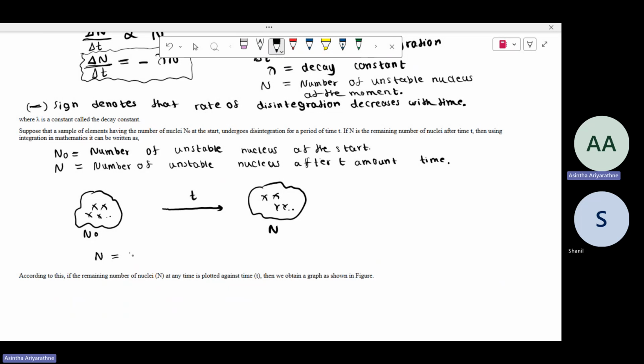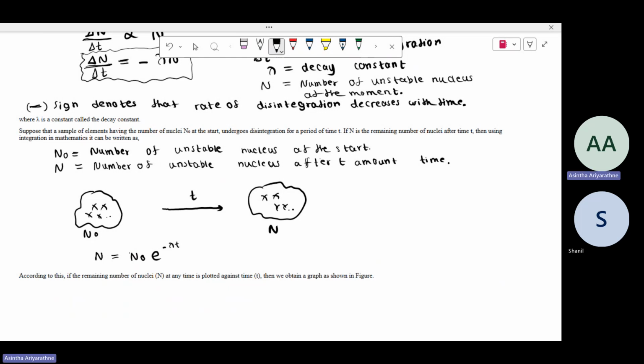Just remember N is equal to N naught, the initial number of unstable elements, times e to the power minus lambda t, where lambda is the decay constant and t is the time starting from N naught.